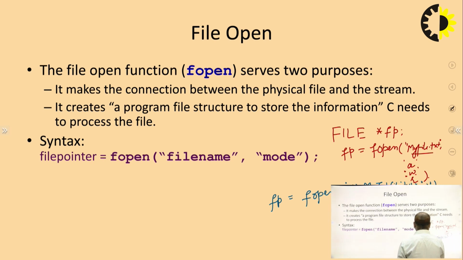Now this file will be created in the C drive, and this will be my file name, this will be my extension, and that will be the opening mode for that file.